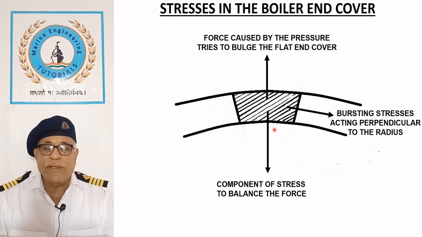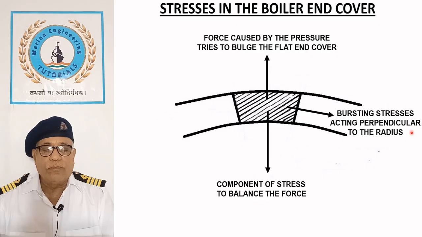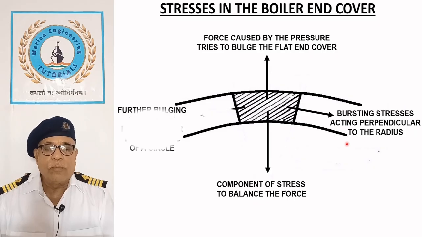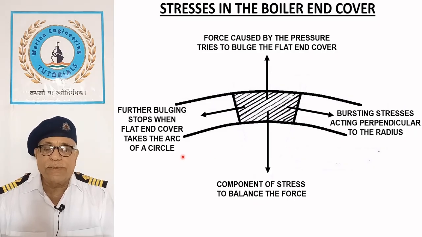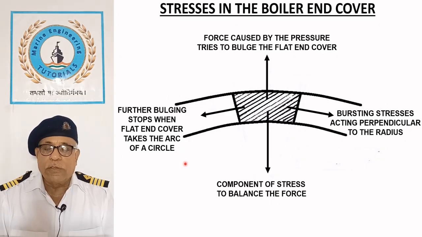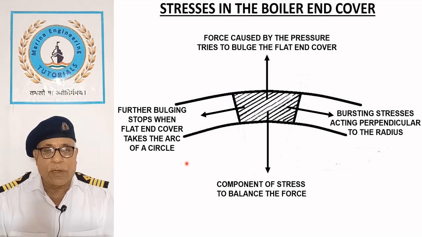These stresses can be resolved into perpendicular components, one of which opposes the applied force. The plate surface continues to bend until this opposing component balances the pressure and it finally takes the shape of an arc of a circle.